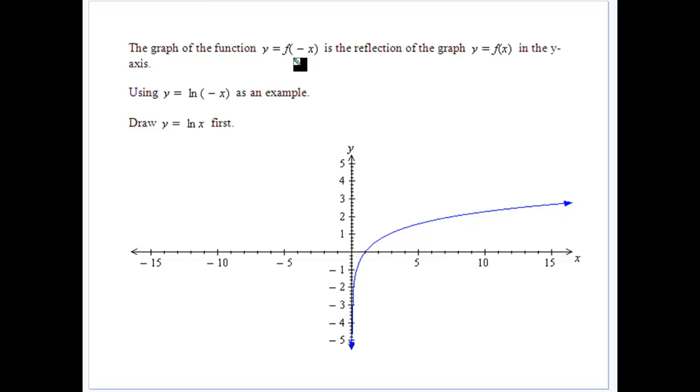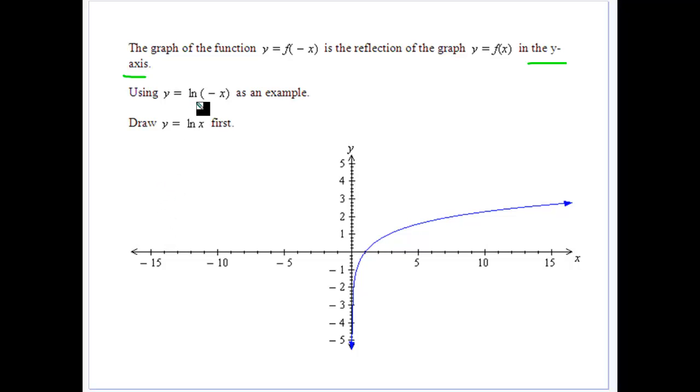So what about the function of negative x? Well, basically what we're doing, instead of putting positive values in there, we're going to put the negative values in. So in this case, what was negative now becomes positive. So in that idea, the graph here starts to reflect in the y-axis. So all the values that were positive now become the negative values.